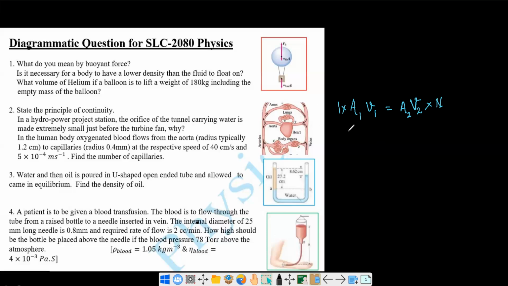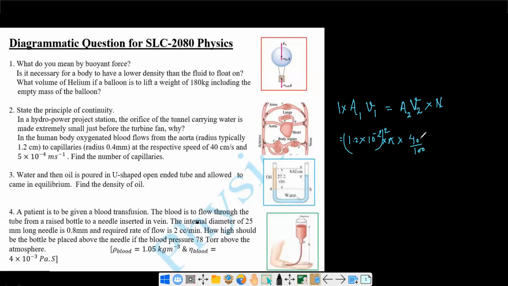So now you can easily do this mathematical calculation. The radius of this is 1.2 into 10 power minus 2, into pi, with the square here. The area is pi r square, into the velocity here, which is 40 centimeter per second, that is 40 by 100 meter per second.